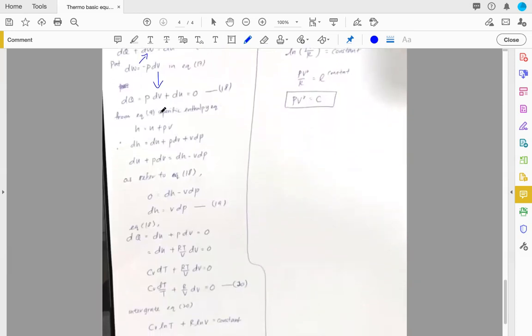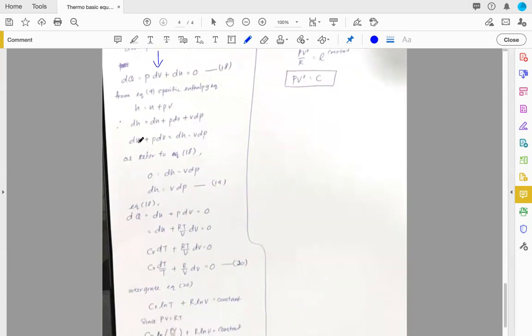And we refer back to our specific enthalpy equation, which is H, enthalpy, equals internal energy plus PV. When we differentiate, we have dH equals dU plus P dV plus V dP. Okay, so we rearrange this to be more similar to the specific enthalpy equation.